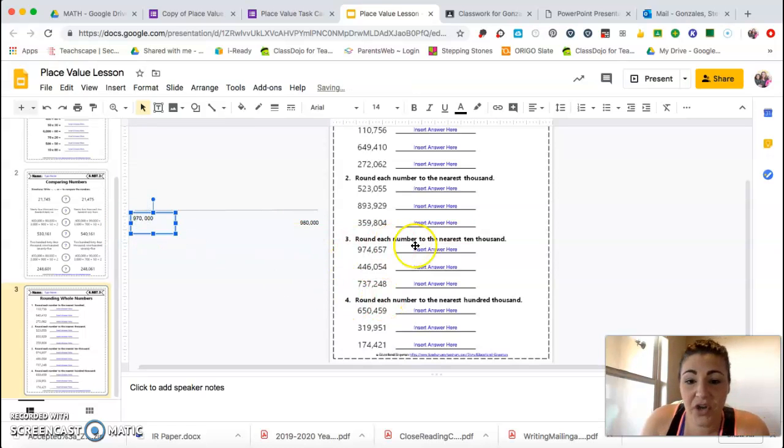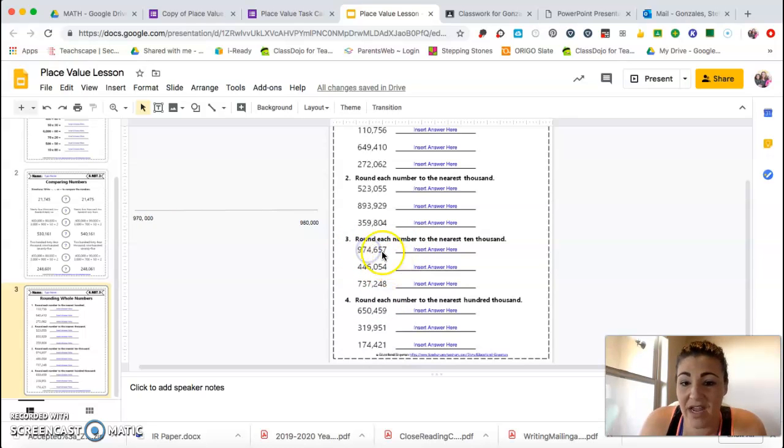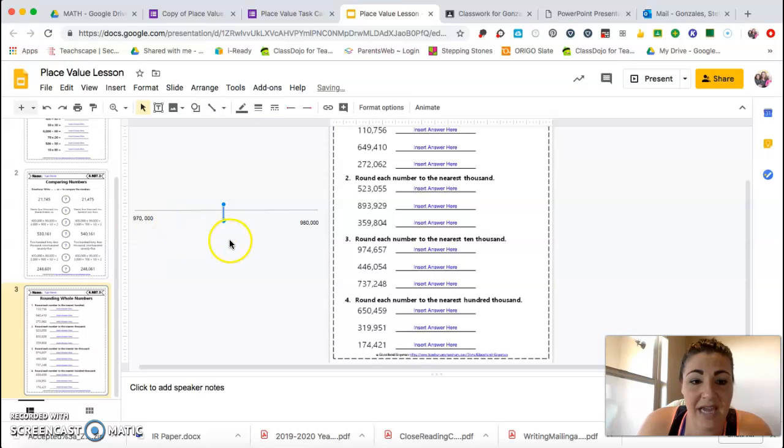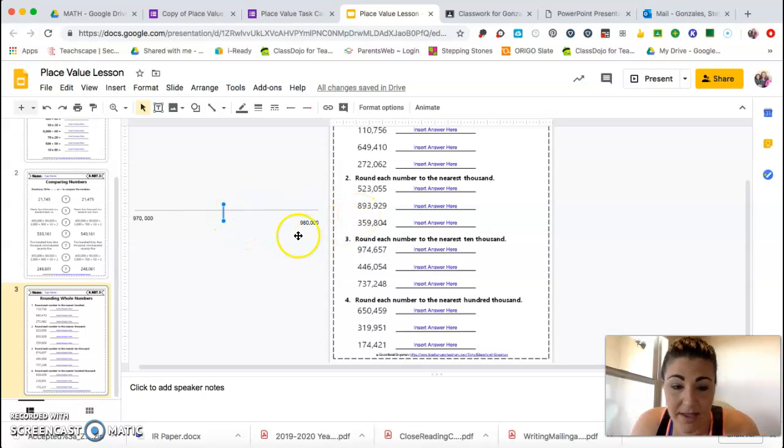Now, if I were to go and graph this number, 974,657, sorry, can't talk today. Right in the middle, right here, is halfway. I know that that's 975,000. Anything on this side is going to round up.